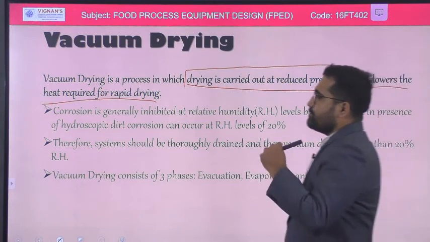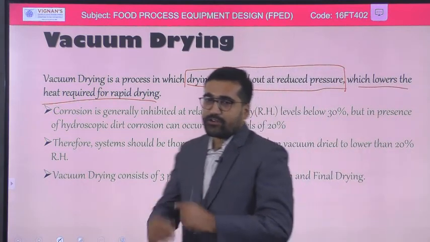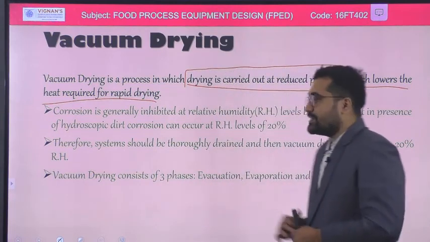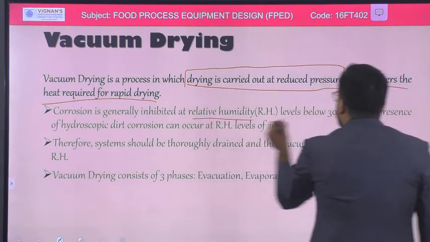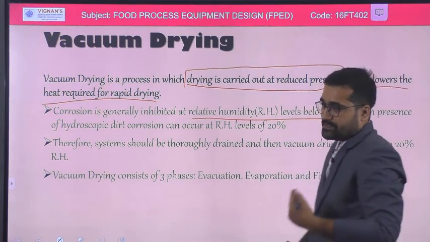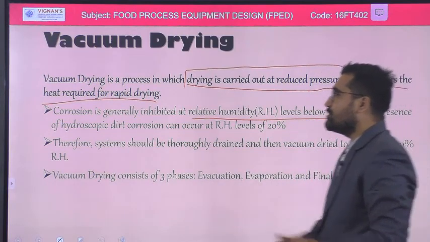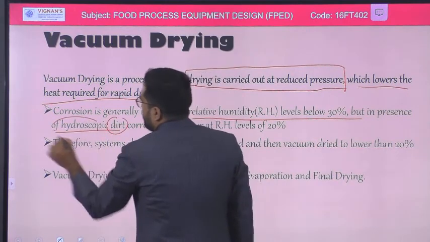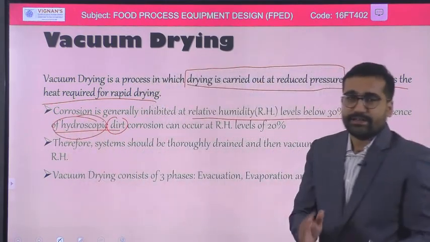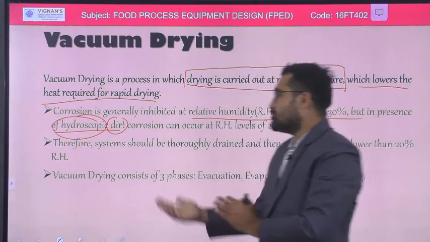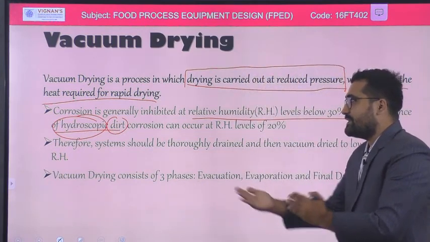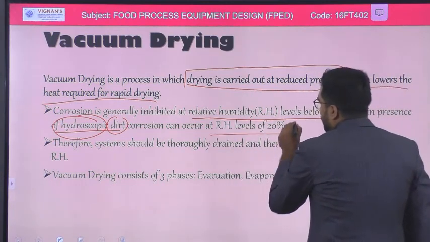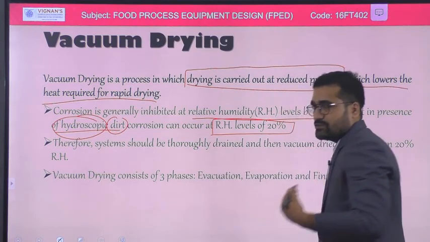There is one problem in a vacuum dryer: it gets corroded very easily. Generally corrosion occurs at relative humidity below 30%, but due to hygroscopic material or hygroscopic dirt, and because our food material is hygroscopic in nature, corrosion can occur at an RH of 20% also.